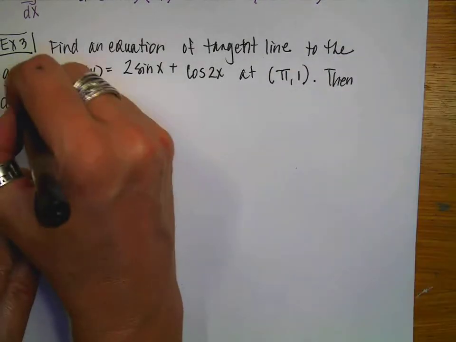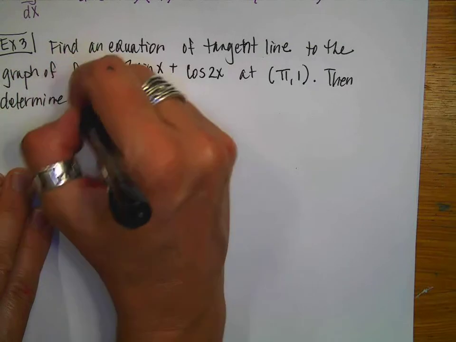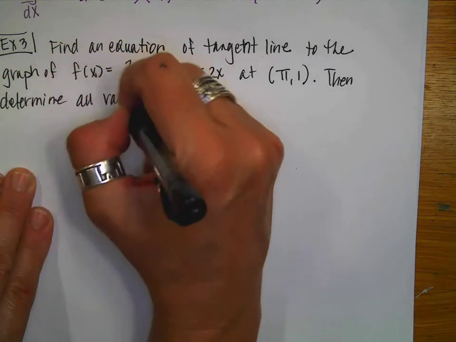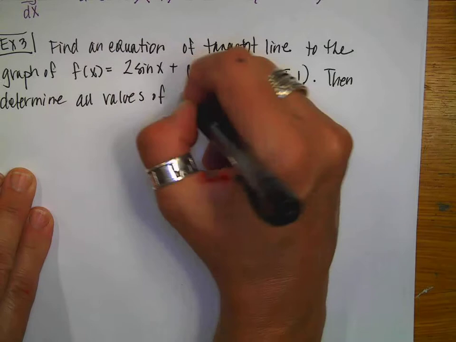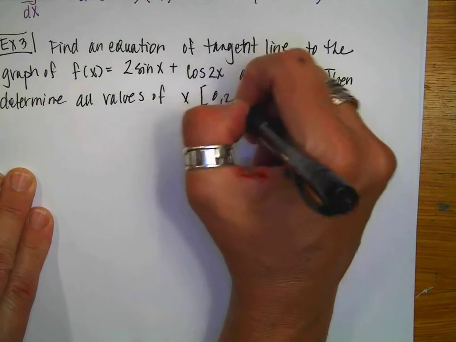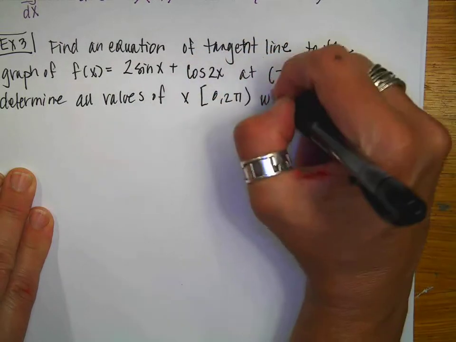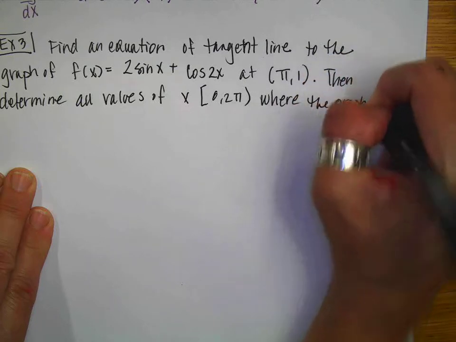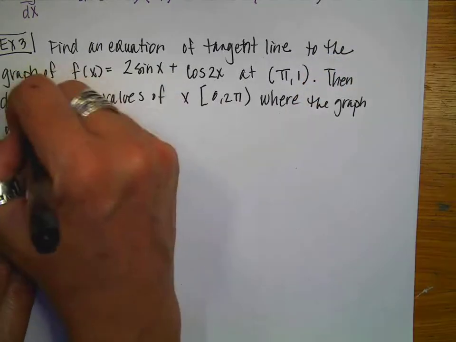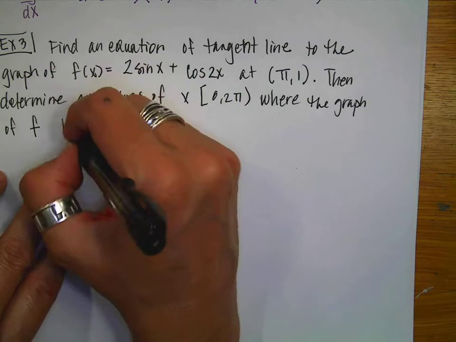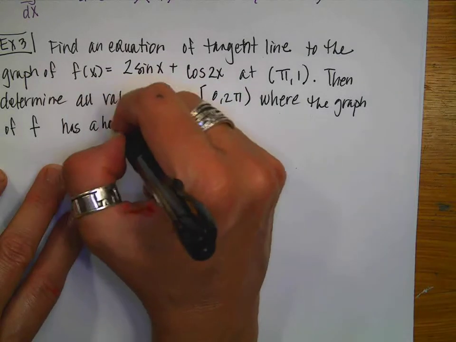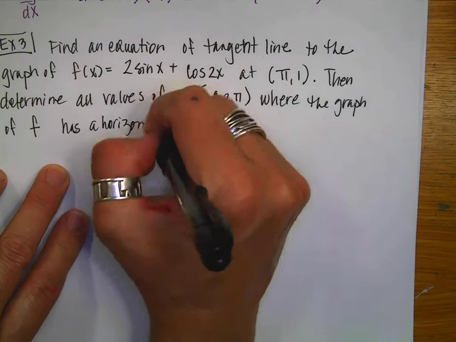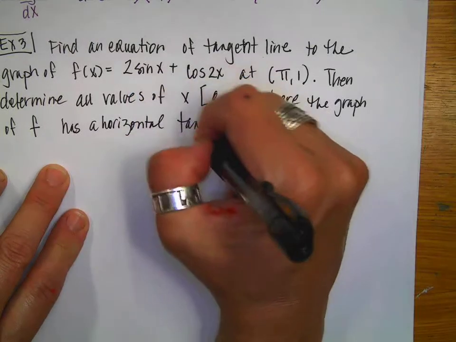Then determine all values of x from 0 to 2 pi where the graph of f has a horizontal tangent.